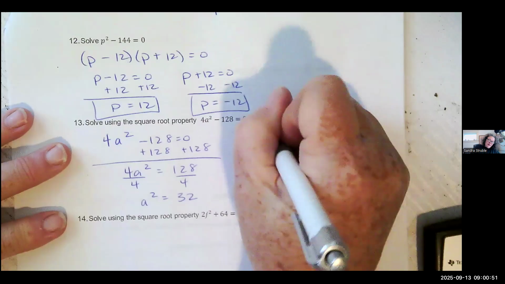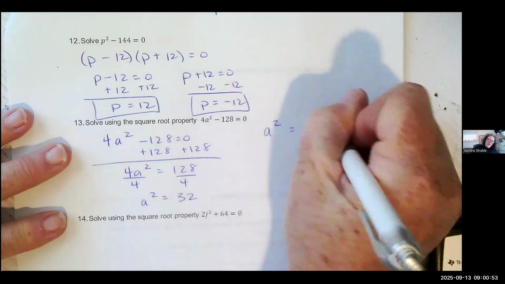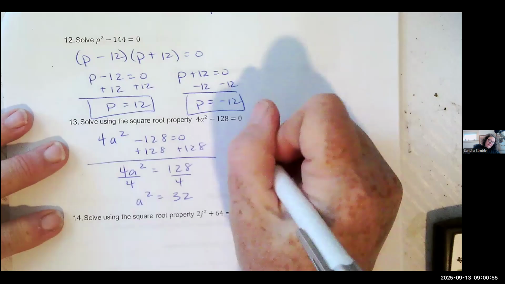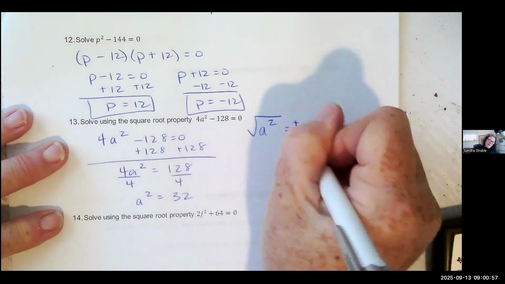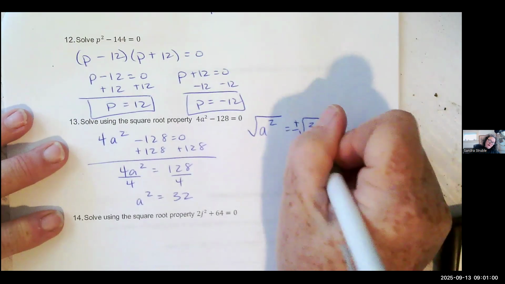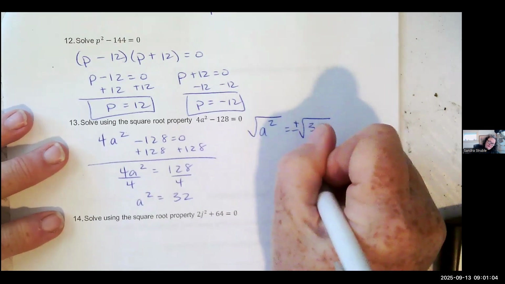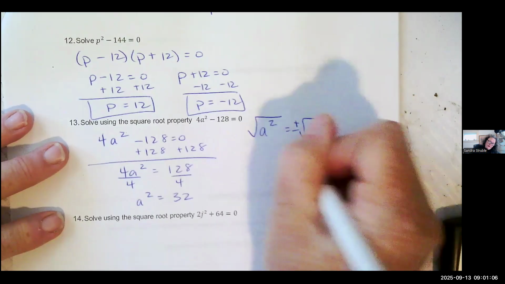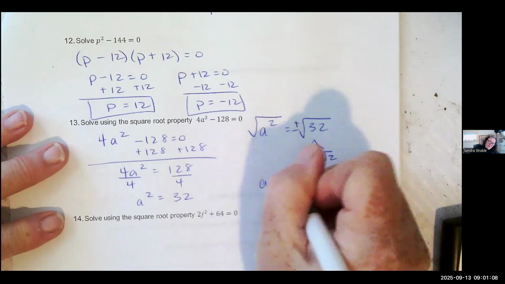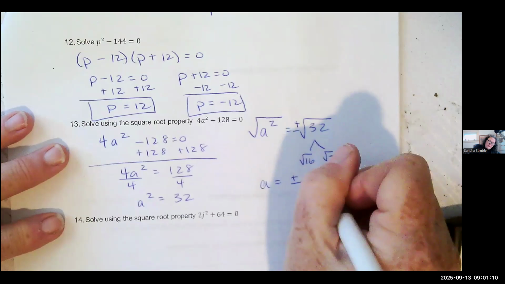So I'm going to rewrite this up here. To take the square root of a squared, we have to take plus or minus the square root of 32. This factors into what? 16 and 2. So a is equal to plus or minus 4 square root of 2.